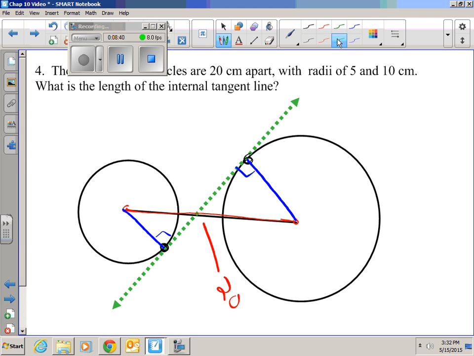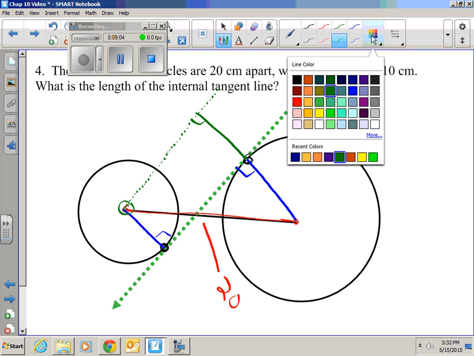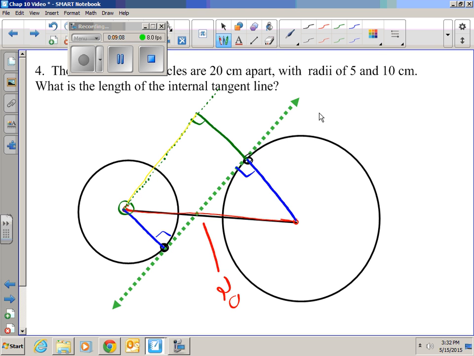I'm going to draw through the center of my smaller circle a line parallel to the internal tangent, through the radius of the larger circle. What I need to do is simply extend the radius to create a right angle right there. I have now created a right triangle, which I'll put in yellow so you can see it. There's my right triangle.